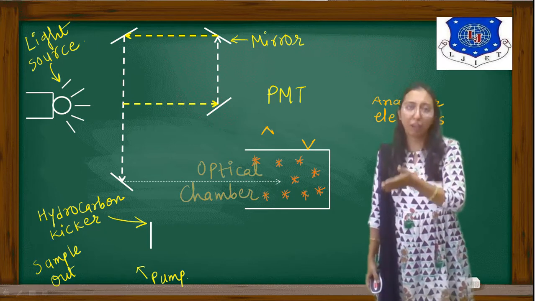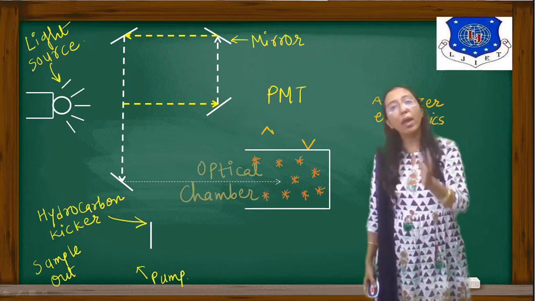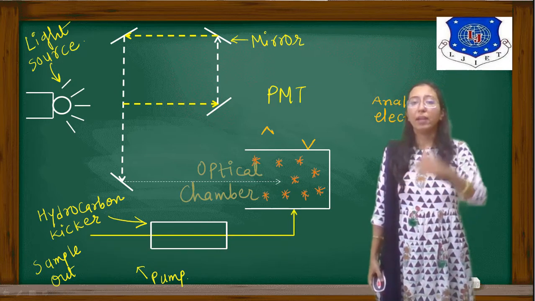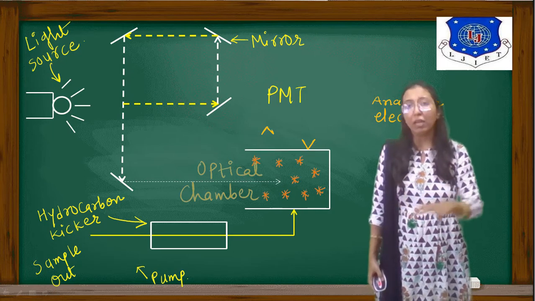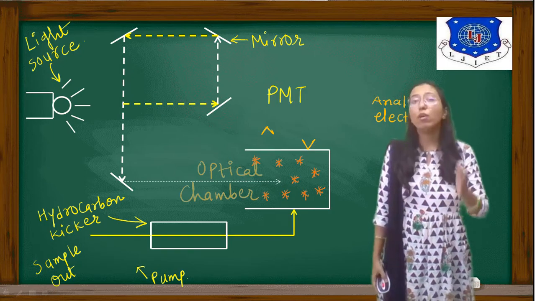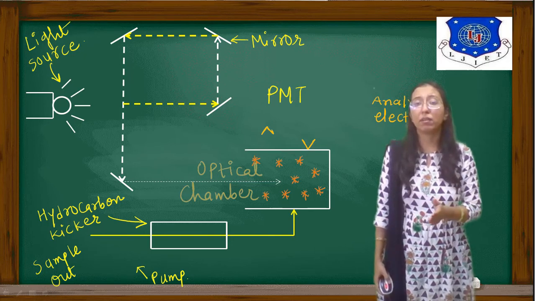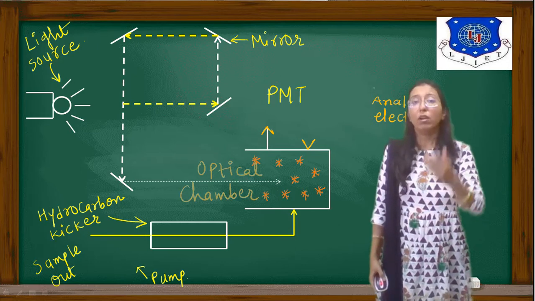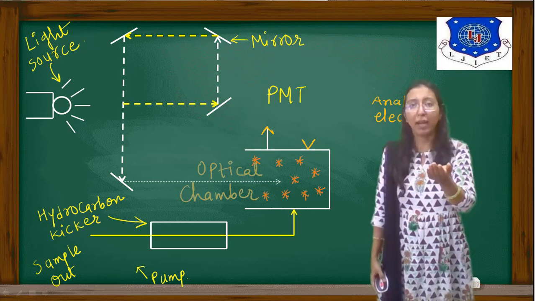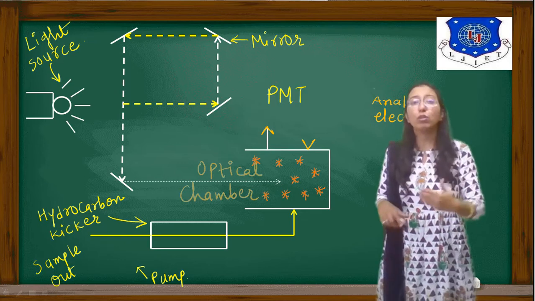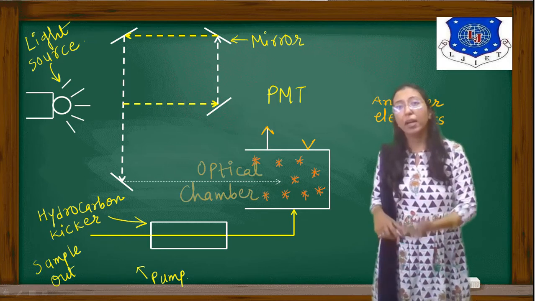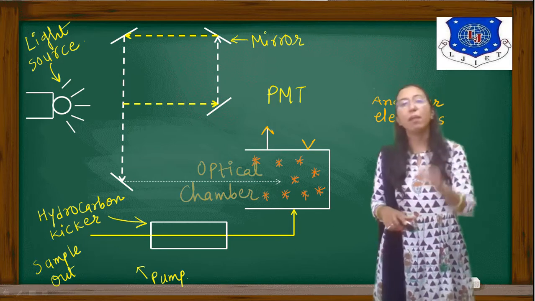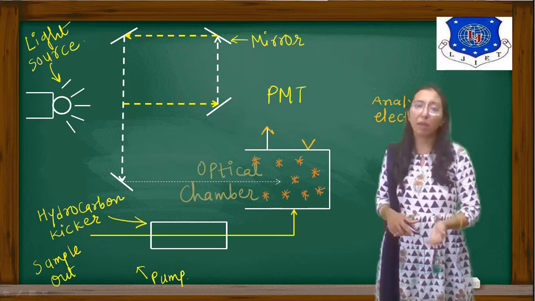This is the optical chamber, also known as the fluorescence chamber, and this is the hydrocarbon kicker, used for removing hydrocarbons. Our sample first goes through the hydrocarbon kicker, where hydrocarbons are removed. Then the sample goes to the optical chamber.